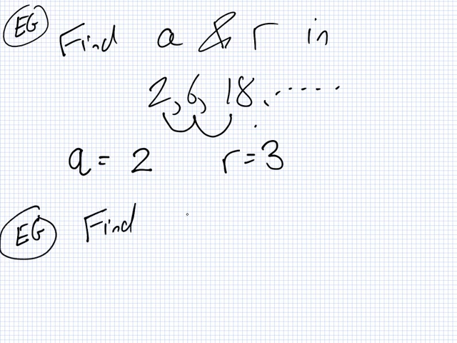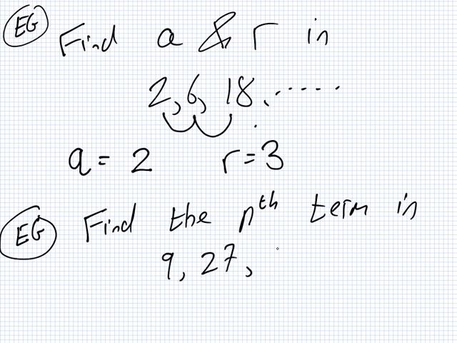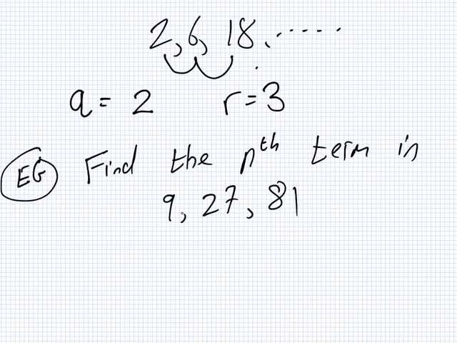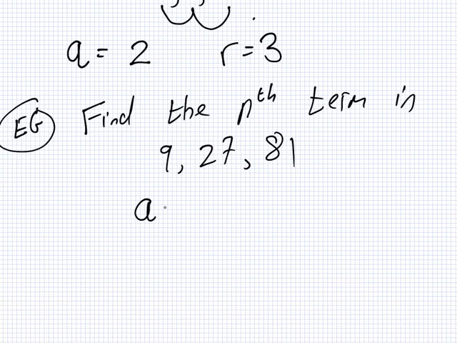Find the nth term in 9, 27, 81. Okay. So a here is 9 and the r is 3.